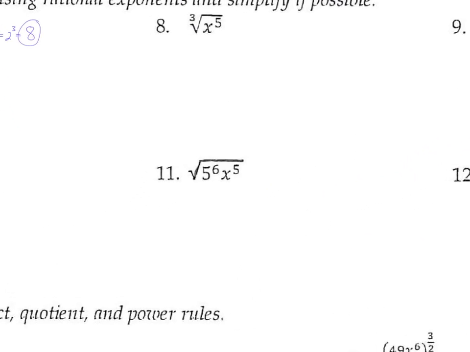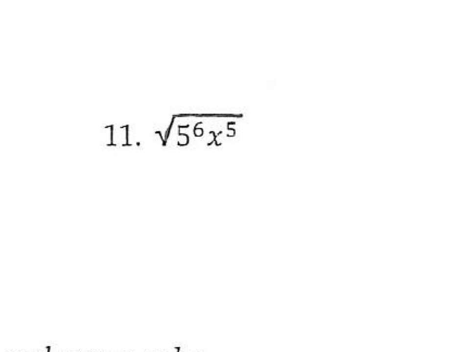Let's look at one more here, number 11. Here is a case where we have multiple terms inside the radical. So we're going to put parentheses around 5 to the 6th and x to the 5th. And as we saw above, a square root becomes an exponent of 1/2.